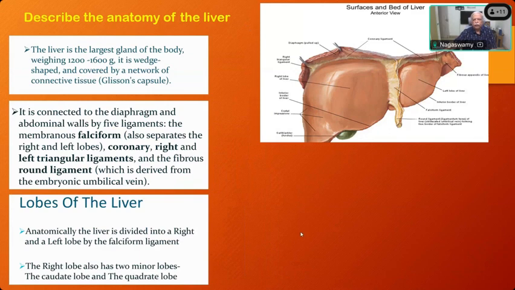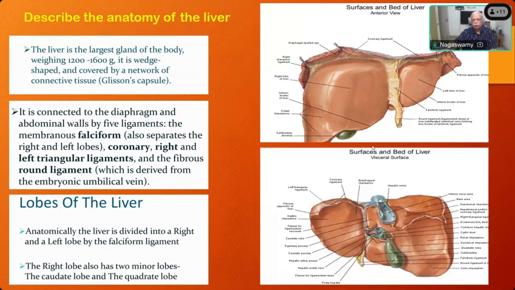Okay? And you must know the anatomy of the surfaces, both the undersurface as well as the frontal surface or the gastric surface, and these are all the important things. This anatomy is important because when you have a live donor, from where will you take the liver? Right lobe or left lobe?